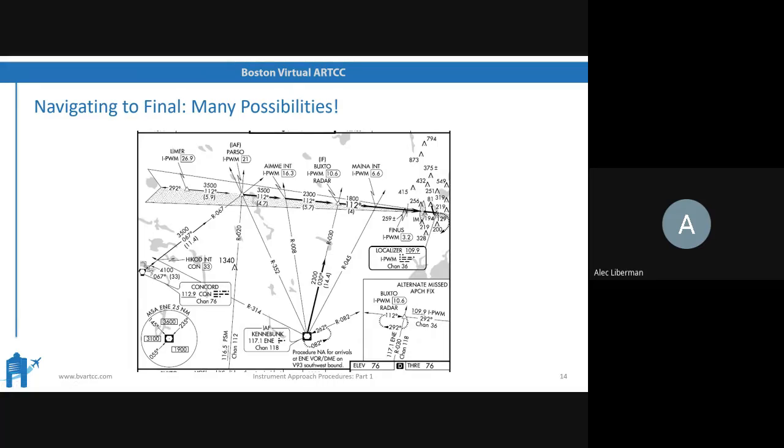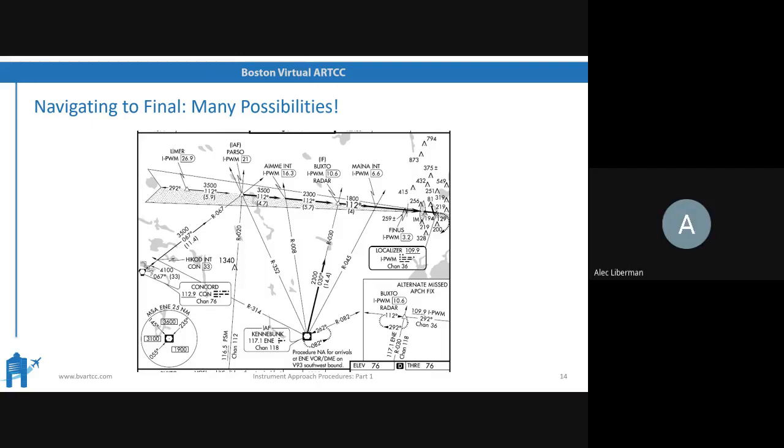Navigating to final. We have a ton of ways to navigate from wherever we are onto the final approach course. Let's be interactive. If you want to go ahead and list out in the chat a couple different ways of joining onto the final approach course from wherever you may be, just start listing them out. By radar vectoring?